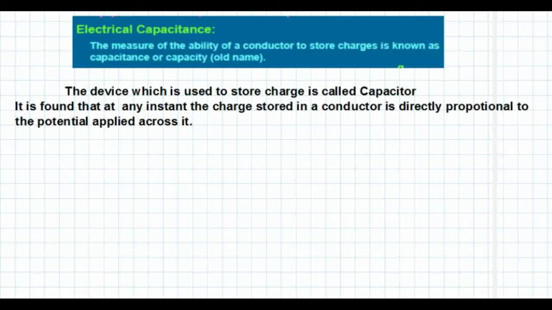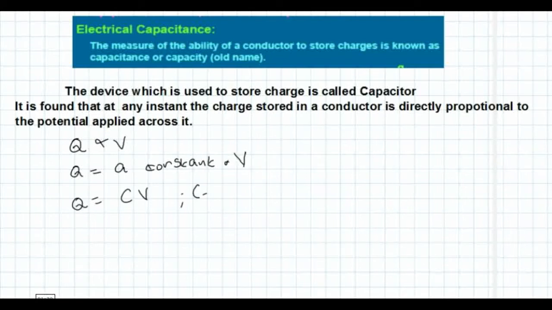So if Q represents the charge and V represents the potential, then Q is proportional to V, or Q is equal to a constant into V. And what is that constant? That constant is called capacitance. So Q is equal to CV.